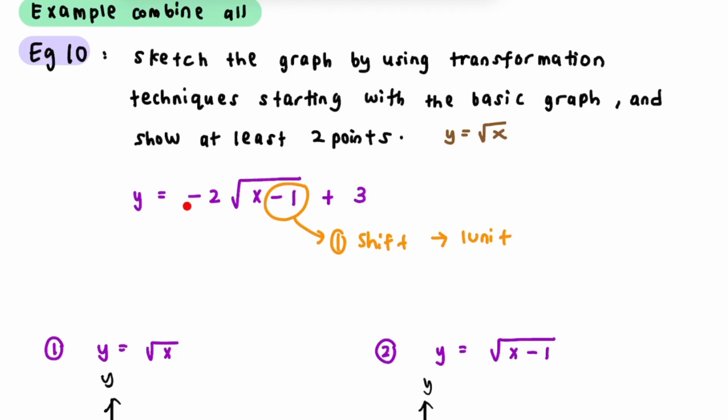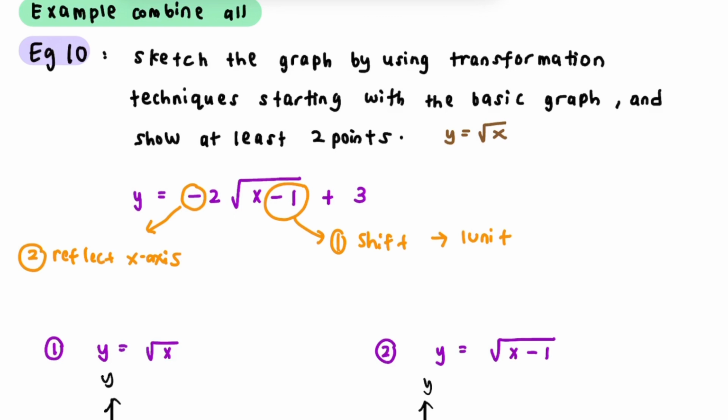And then you have a negative outside and also constant 2 outside. So for this one you can choose either one first, for the second step and the third step. You can have reflection first, or you can have vertical or horizontal stretch or compress first. Either one. Okay. So let's say we choose this one as our second step, which is negative outside, reflect about the x-axis. Outside is reflect about the x-axis. Okay, that is your second step.